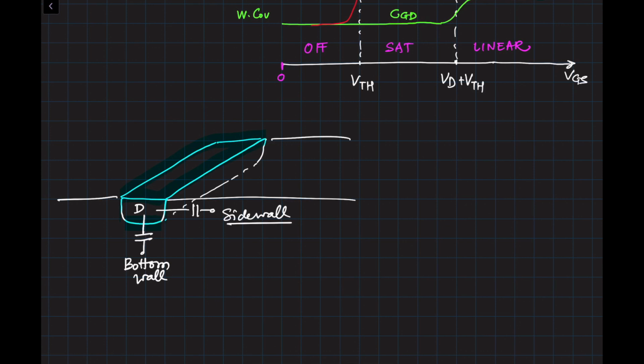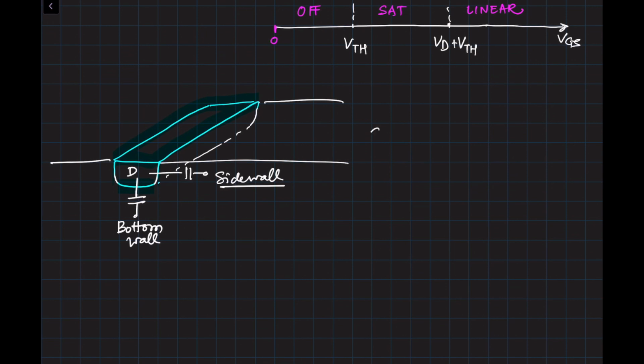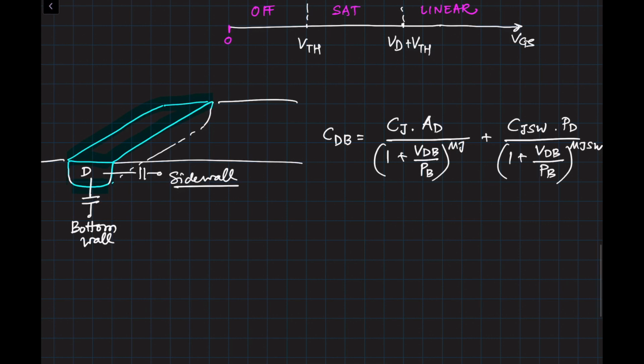I'll give you expressions for both of these just for your understanding, and we'll define the terms. So C drain to bulk, for example, is given by Cj times area of drain divided by 1 plus VDB divided by PB to the power mj. Cj is the source and drain bottom plate junction capacitance per unit area.